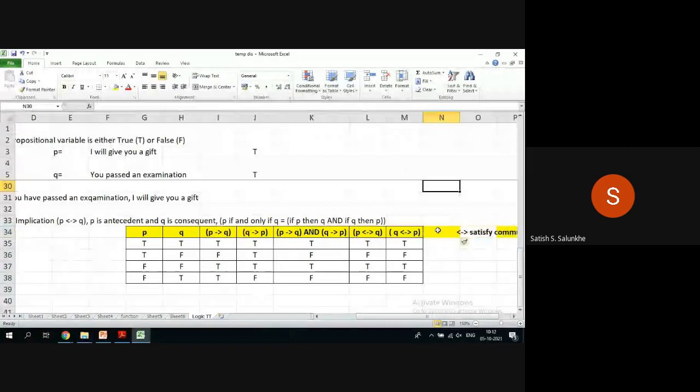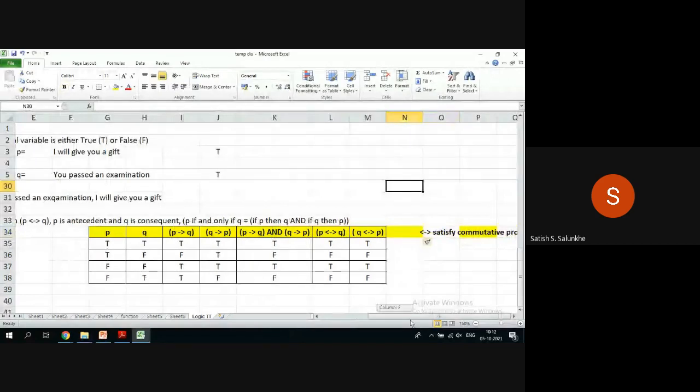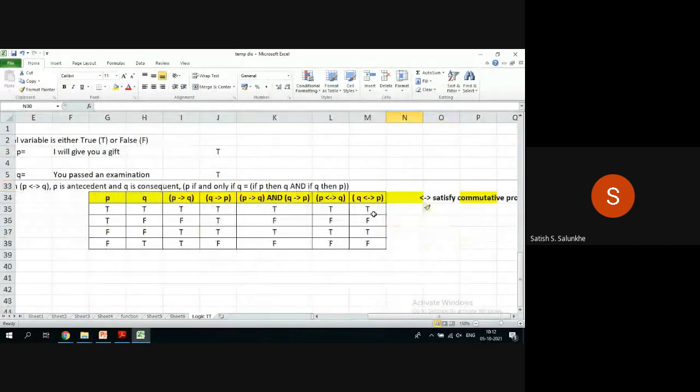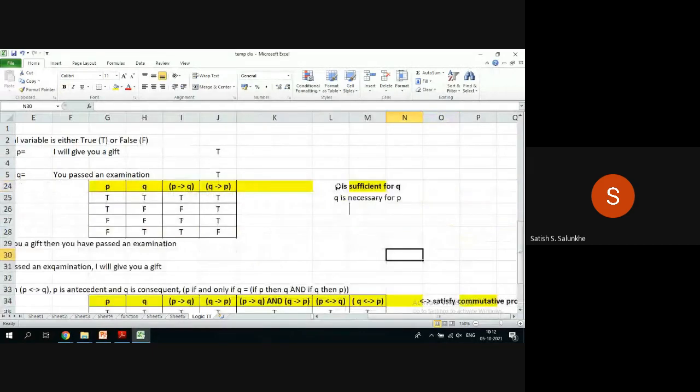All right. Now how can we interpret this? Here, P is sufficient for Q means what? Given P is true, then Q has to be true. If we want Q to be true, then if P is true, it is a sufficient condition for Q to be true.